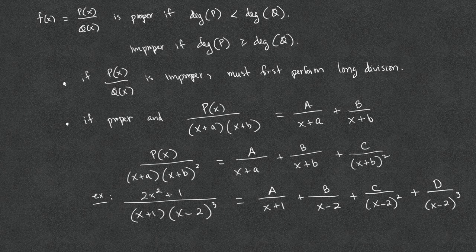Each time we increase the power of x minus 2 by 1. Notice that there are four factors in the denominator. We then need four rational terms when we decompose this rational expression.